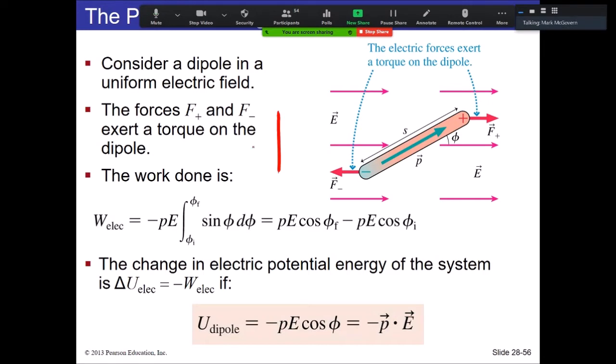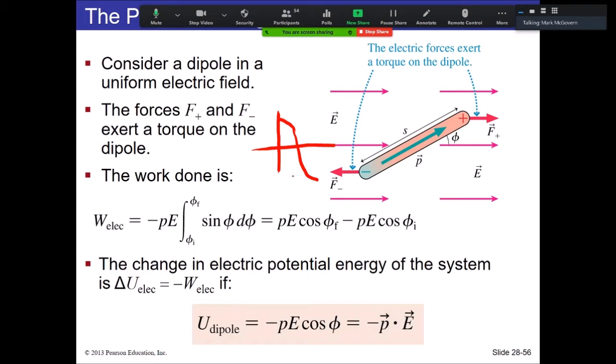So your standard cosine function from, say, 0 to 180 starts up here and comes down like this. The positive values of the function are between 0 and 90, and the negative values are from 90 to 180.